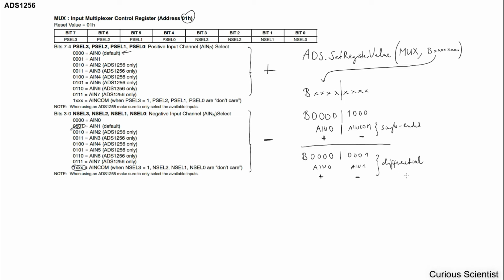But you have only 4 channels, and so on. So first, when you define your things here, you can choose the positive side, and you can choose the negative side, and that's all.